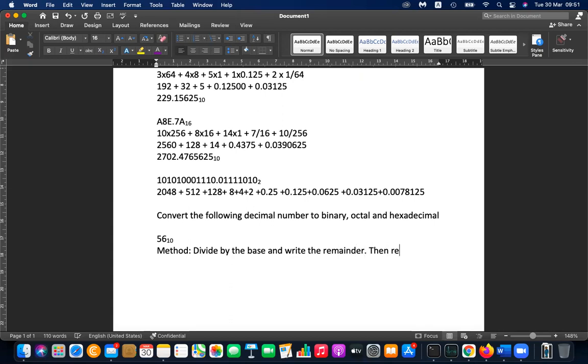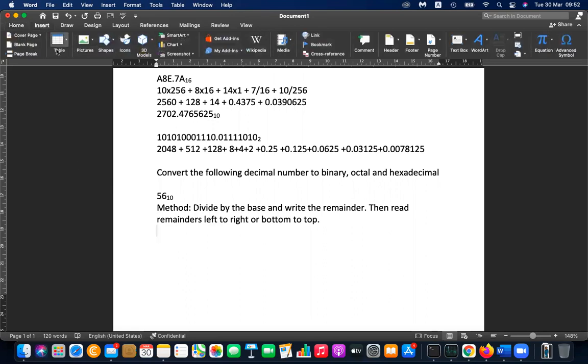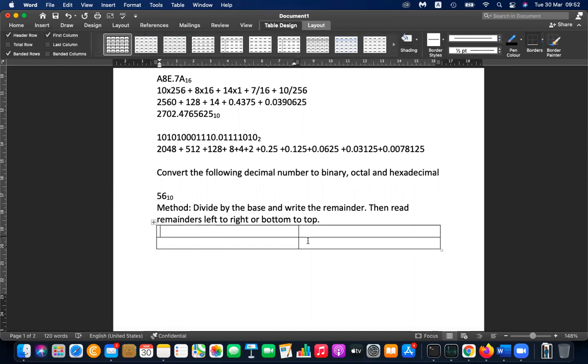Then read the remainders left to right or bottom to top. So that is the method. Rather than writing like this, let's do it and understand, otherwise you won't understand. So let's say the number is 56.